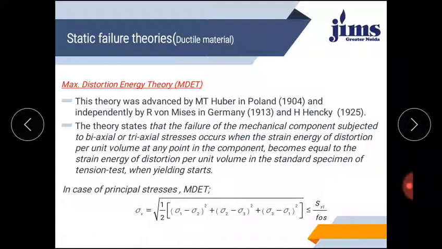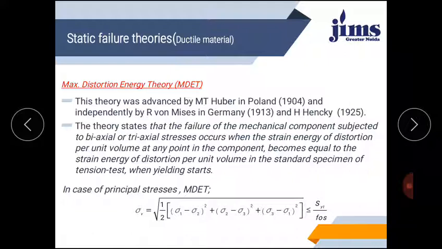So in this way we can understand this. For calculating the strain energy per unit volume, in case of principal stresses, MDET von Mises stress can be calculated with the help of this formula, and that should be less than or equal to SYT upon FOS.